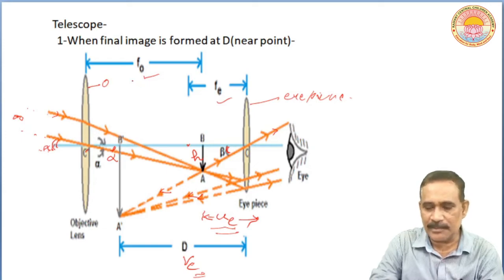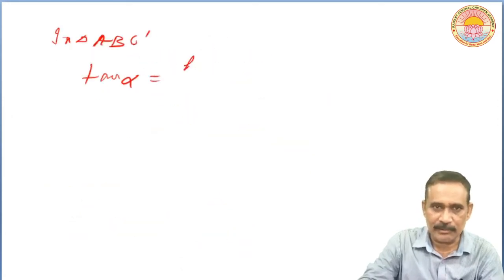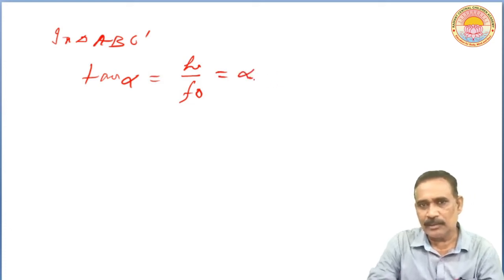The perpendicular is AB, so this is h, and the image is formed at the focus of the objective, so the base will be FO. So tan alpha equal to h upon FO, and this tan alpha is also equal to alpha due to the small angle. So already you got the values of alpha and beta.